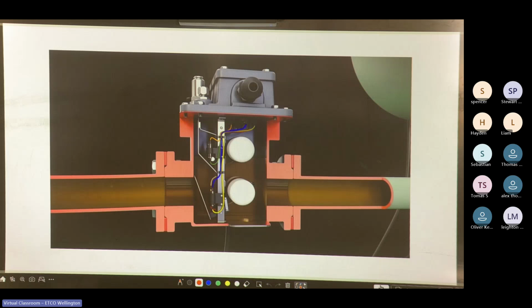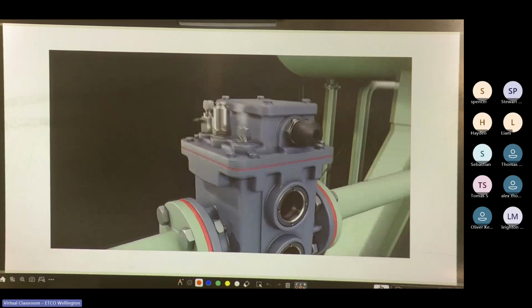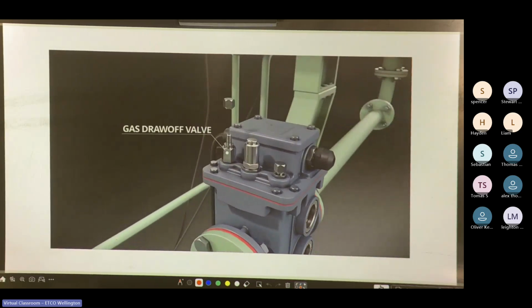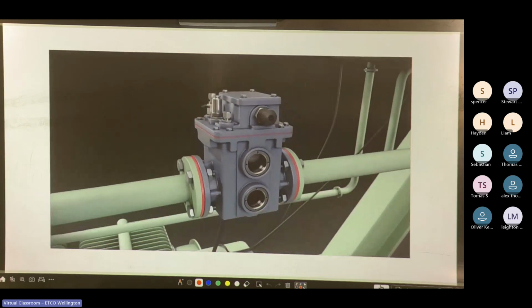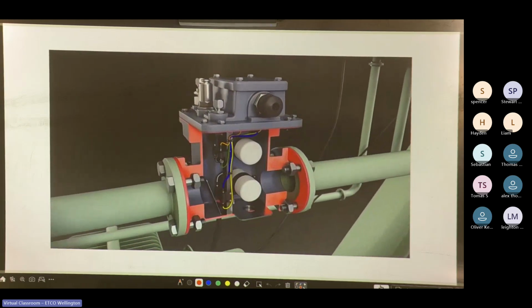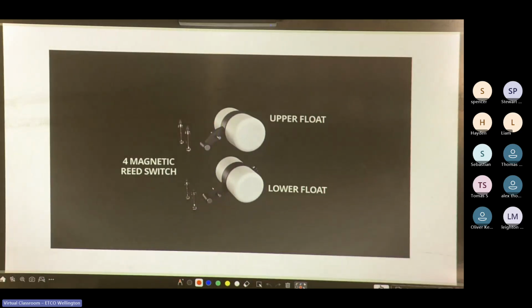Once the gas bubbles reach the Buchholz relay, they accumulate in its housing. This collected gas can be extracted through a gas draw-off valve and analyzed to assess the insulation health of the transformer. Internally, the relay mechanism primarily consists of two floats and magnetic reed contacts, with the number of reed contacts varying based on the relay's design.